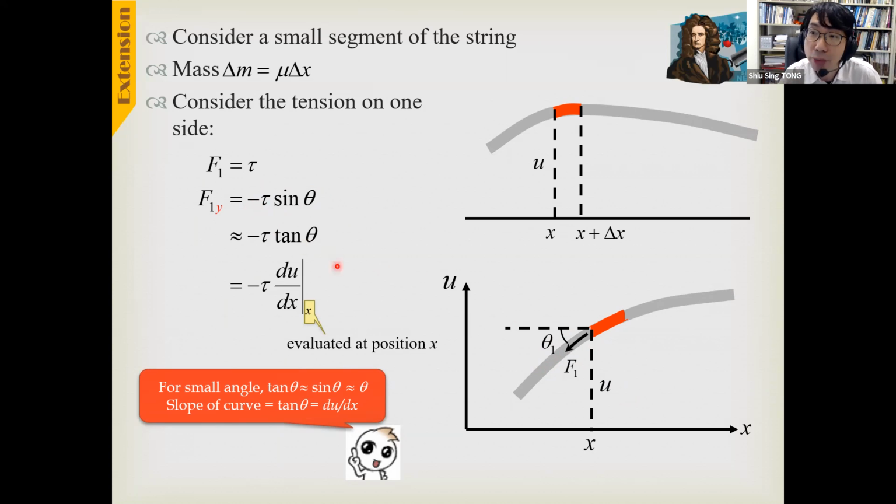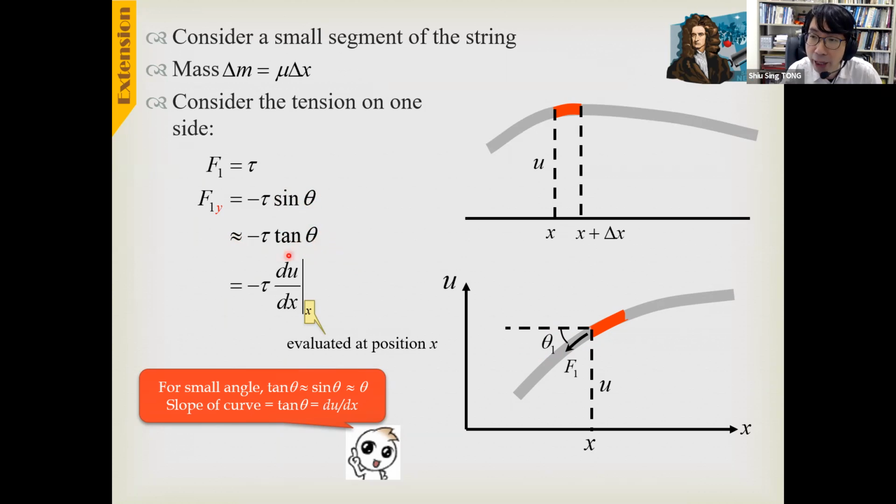Now we make an approximation. We replace the sine function by tangent. We assume this angle to be small enough. If the angle theta is small enough, then sine theta, tangent theta, and theta in radians are all almost the same. So we replace sine theta by tangent theta, and because that is an approximation, we write an approximation sign here. Now, why do we need to do that? Why don't we just leave it as sine?